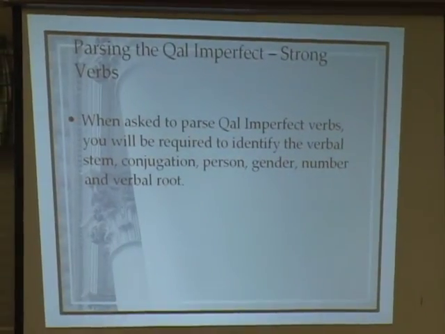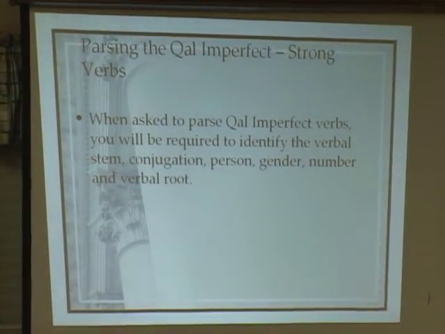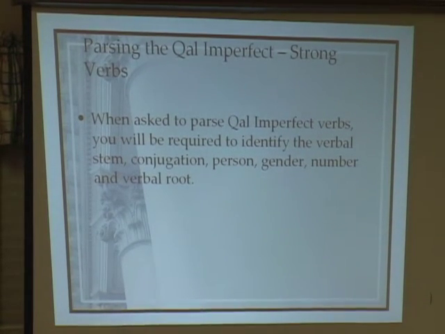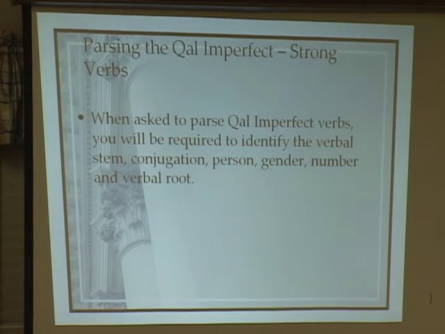When asked to parse qal imperfect verbs, you will be required to identify the verbal stem, conjugation, person, gender, number, and verbal root. What is verbal stem? It's qal. Conjugation, imperfect. Person, either first, second, or third. Gender would be he, she, or it.